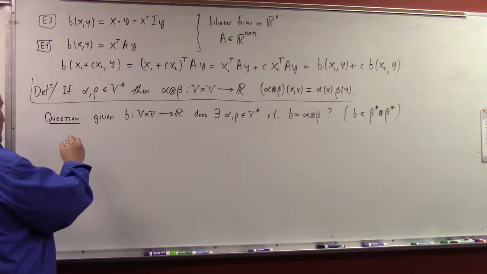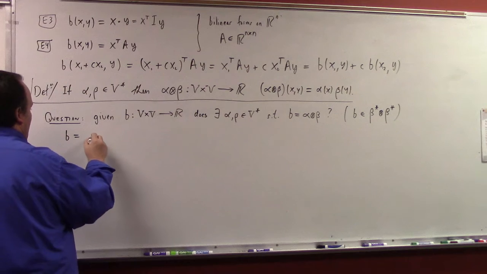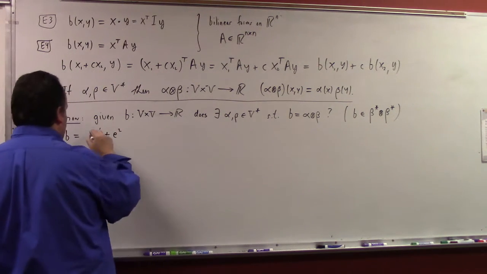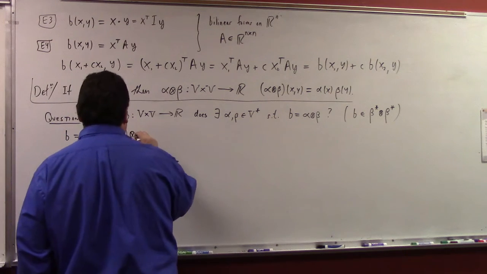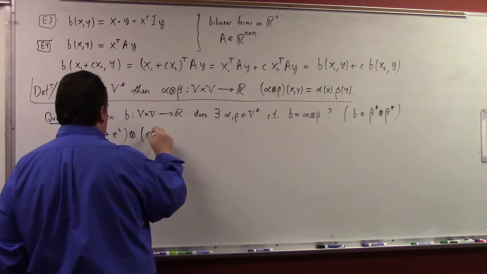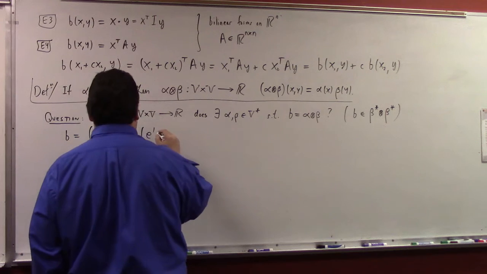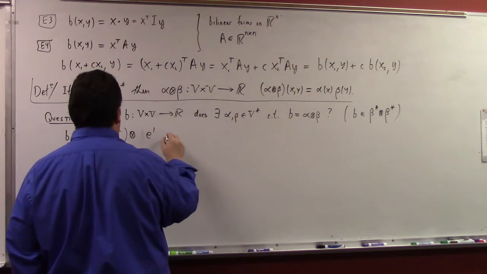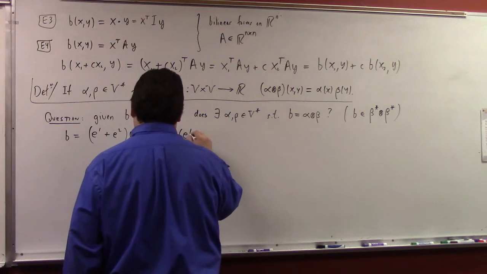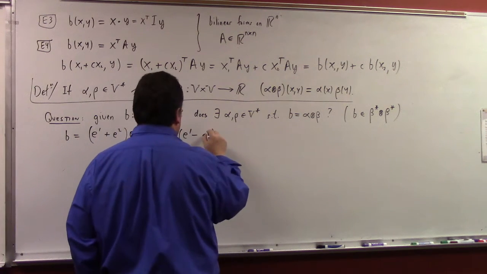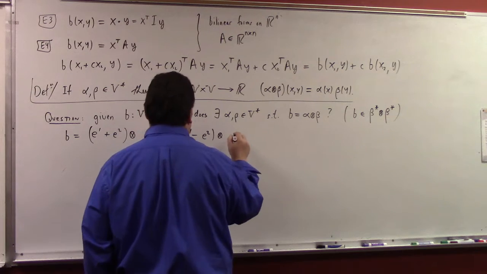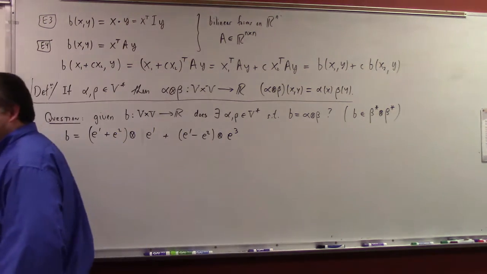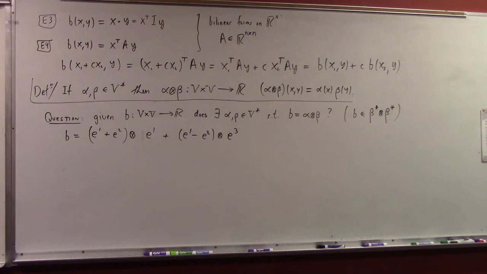You could have something like B is equal to, oh, I don't know, you guys may like this, E1 plus E2 tensor E1, and then plus E1 minus E2 tensor E3, something like that, if you have a three-dimensional space, for example.